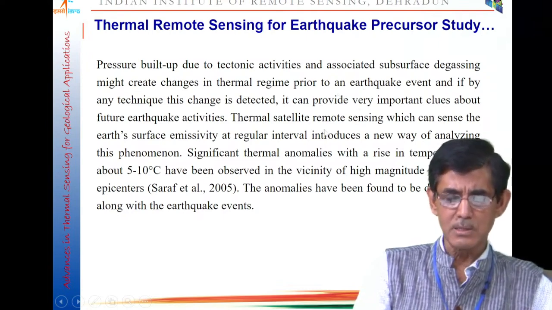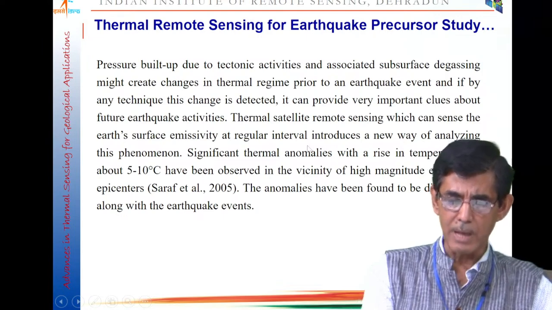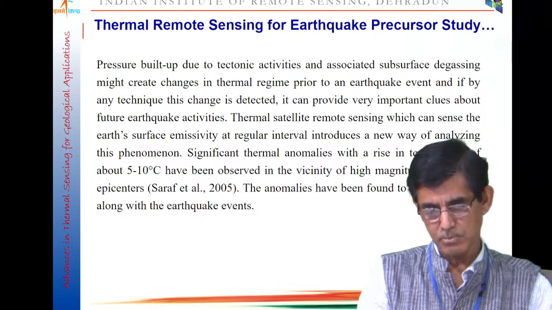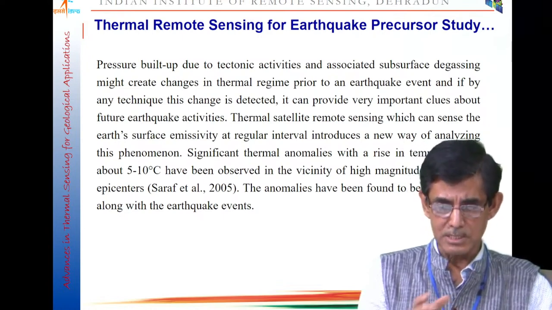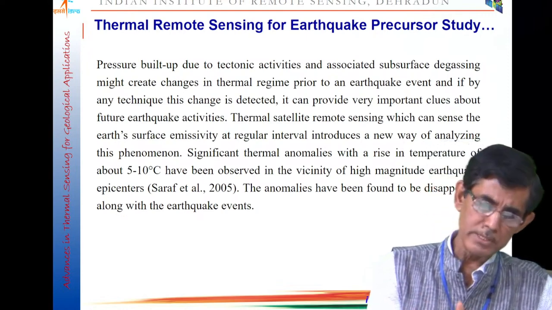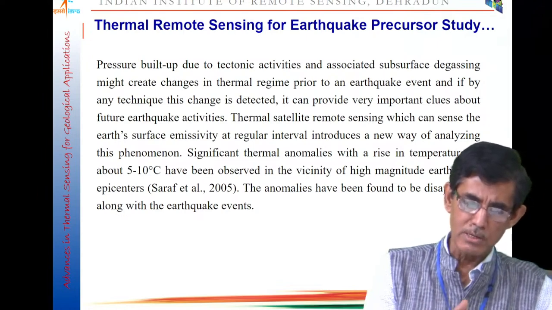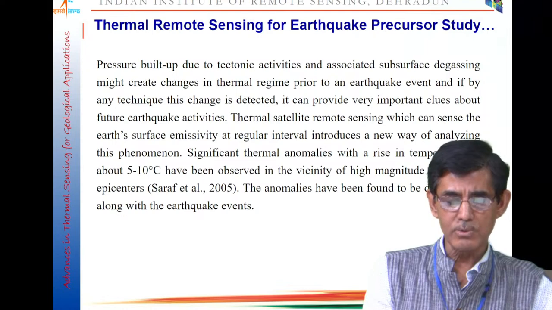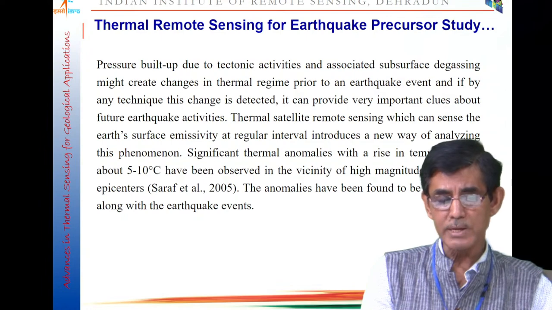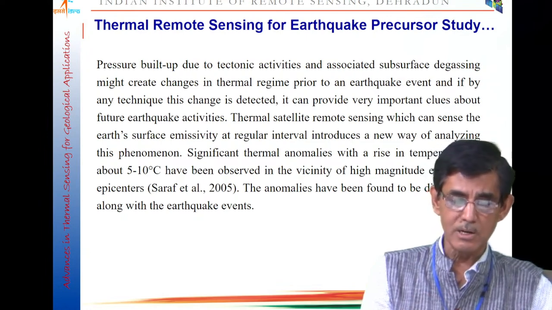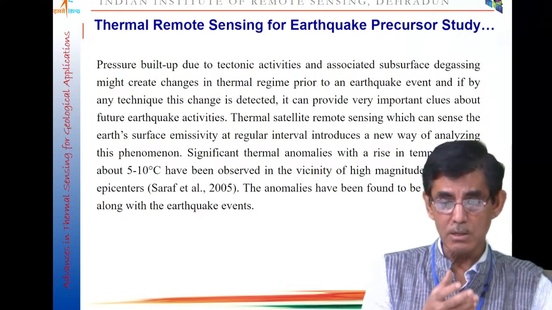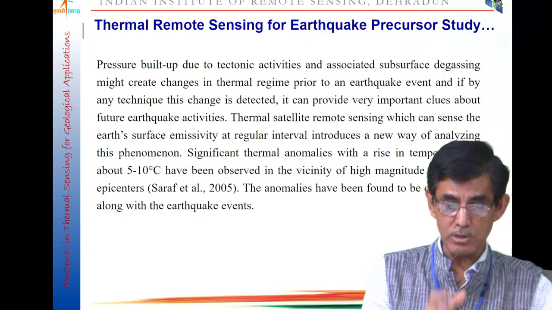It is observed that for many major high magnitude earthquakes, there is a temperature increase very close to the earthquake epicenter, 1 day, 2 days, 3 days before the earthquake. How much high? It is observed to be up to 5 to 10 degrees Celsius high in and around that earthquake epicenter. So based on that, it can be used as a potential short-term earthquake precursor.